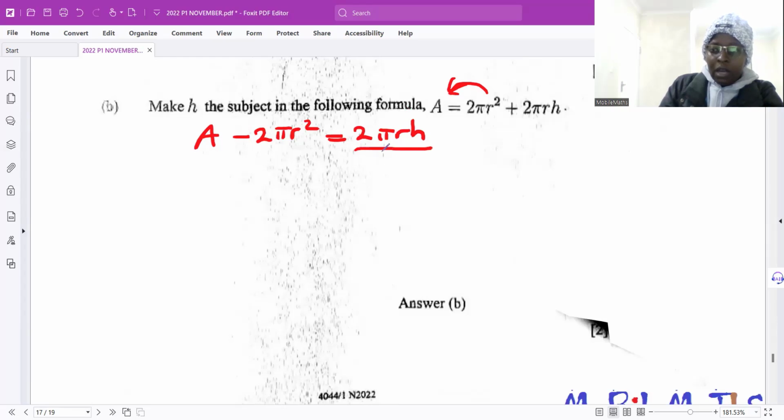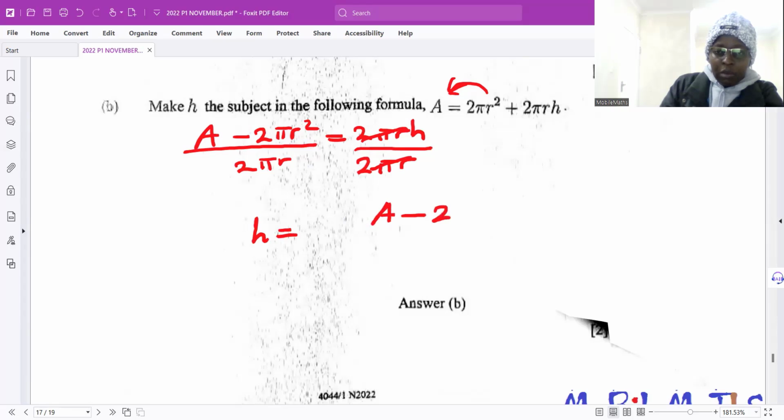Let's remove all other items and remain with h. We divide throughout by 2 pi r. So it means our h is equal to minus 2 pi r squared all over 2 pi r.